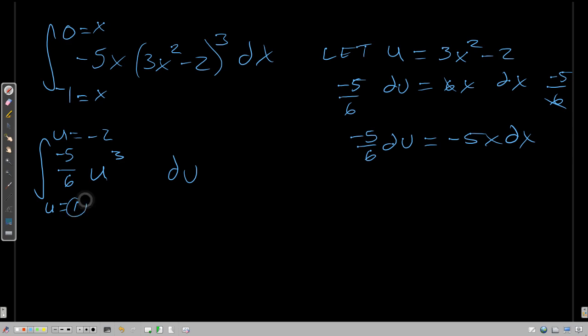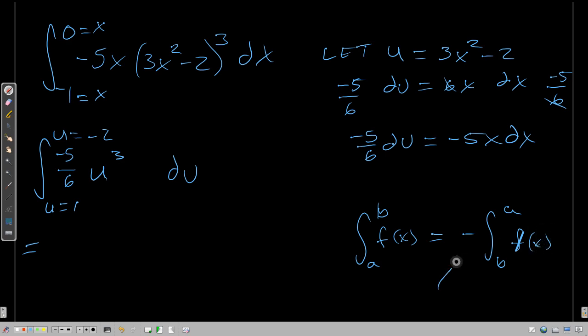So these are my limits of integration from 1 up to -2. Now it feels weird saying from 1 up to -2, so you can always switch this around, because we have the property that you can invert those limits by just putting the negative out front.